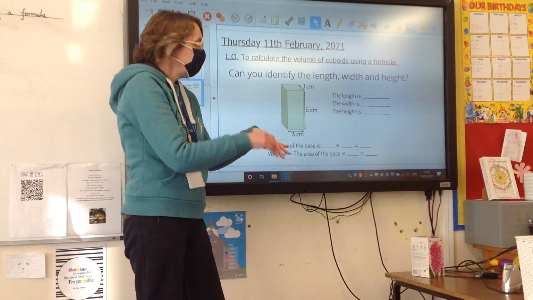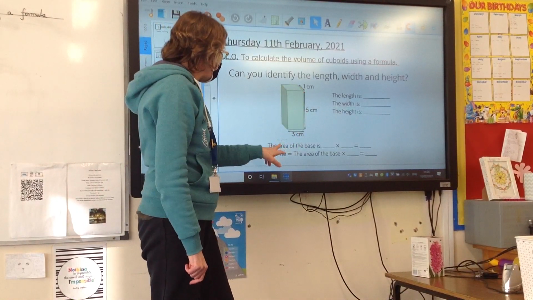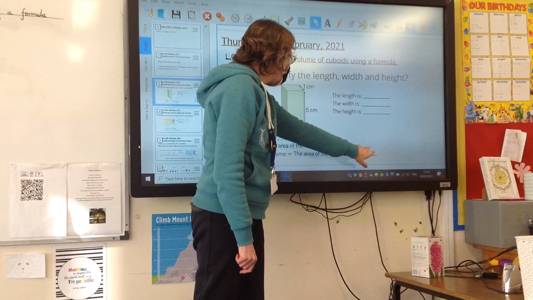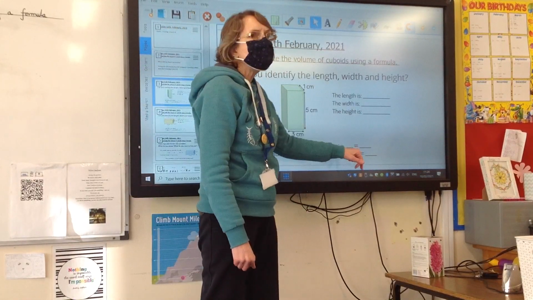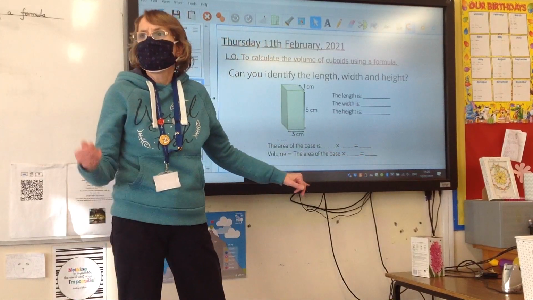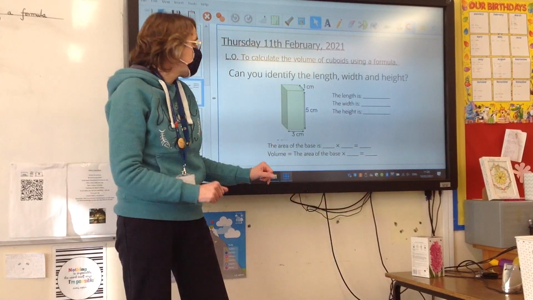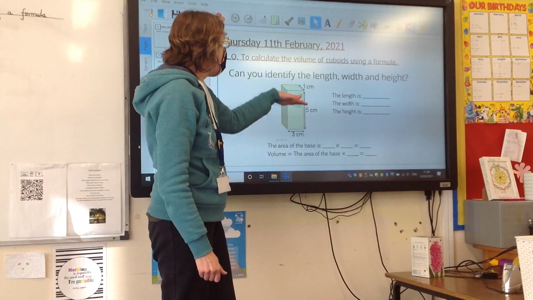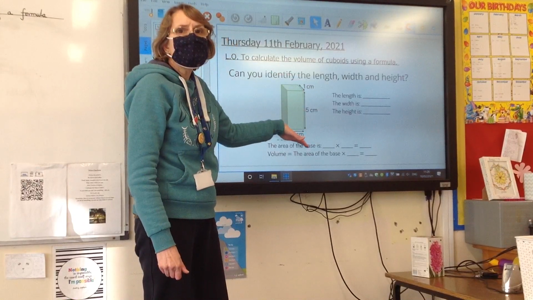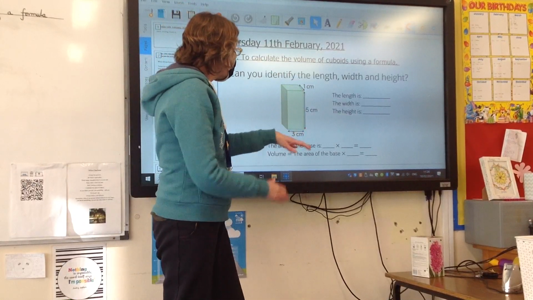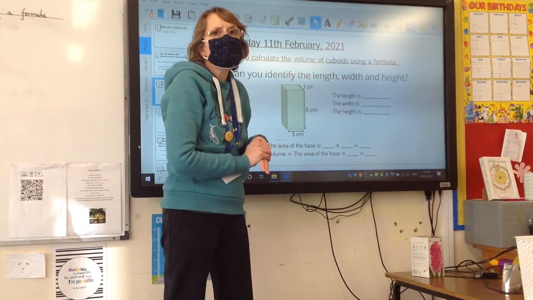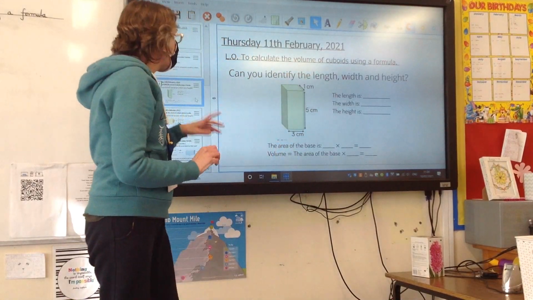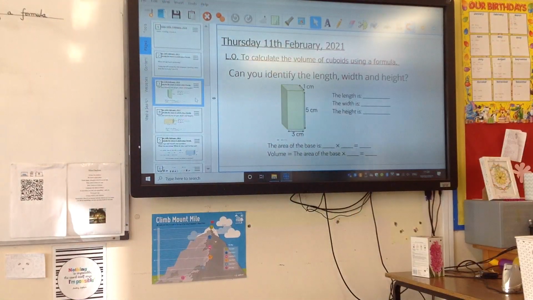So 3 times 1, we've already said, is 3 centimetres squared, that would be the base. Multiply that by 5 will be 15 centimetres cubed, because that would be the whole volume. So we found the base, and then we found 5 lots of that base piled up to make the actual cuboid. Okay, just change the slide.